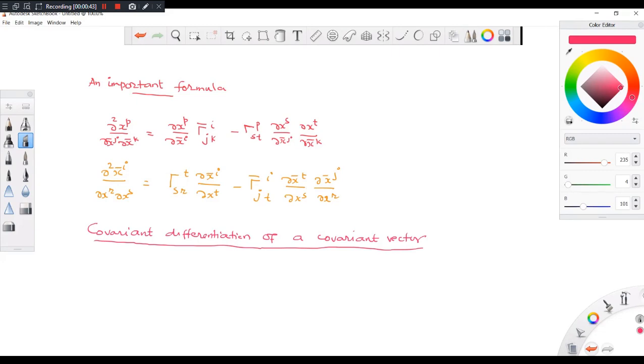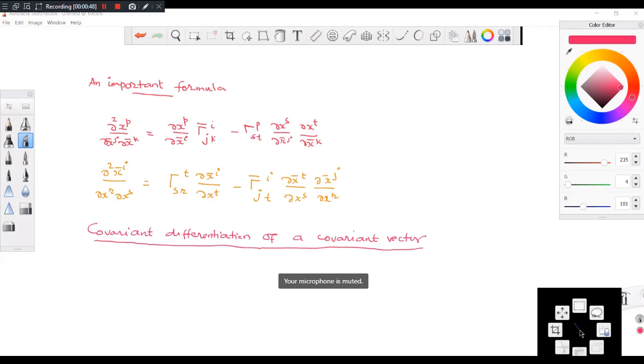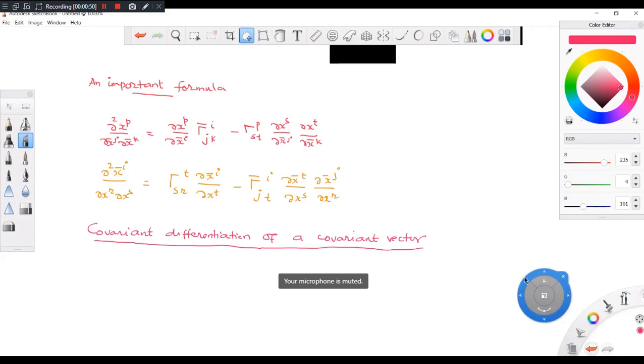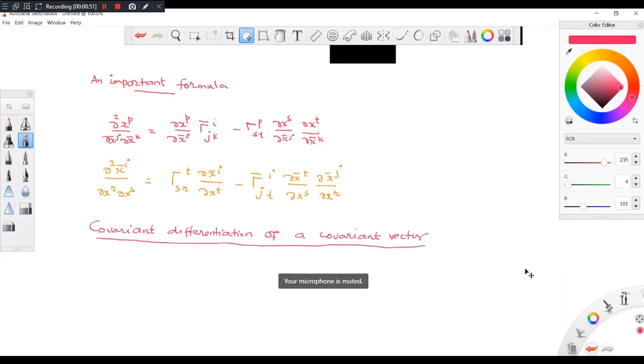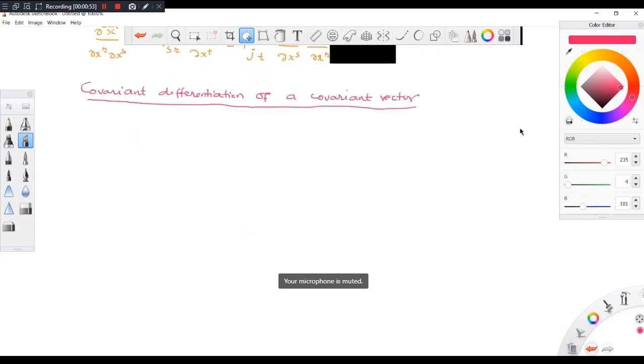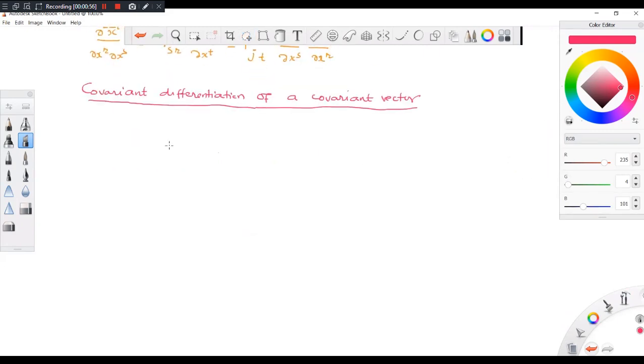First I take the simple one, the covariant derivative of a covariant vector. Then we can go to the contravariant vector, then a tensor of rank 2, etc. That way you can write down higher order tensors. So let me take first the simplest case.